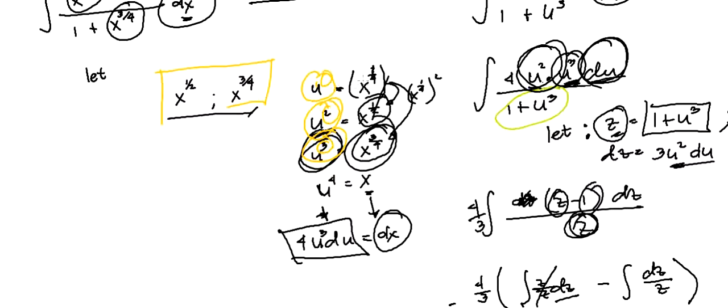So we say that if we let our u equal to x raised to 1/4, and then if we square this, our x becomes x raised to 1 half, and if we raise u to 3, then our x becomes x raised to 3 fourth, and if we raise u to 4, then our x becomes 4/4 or 1.